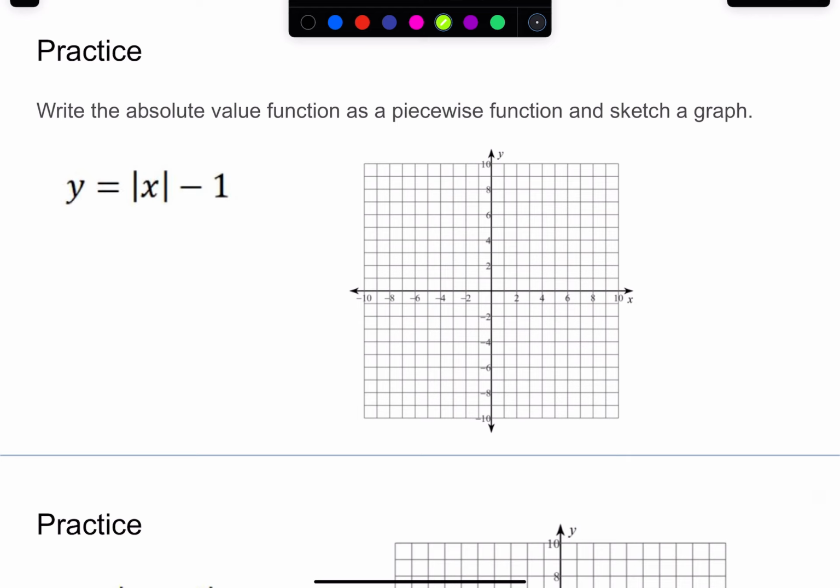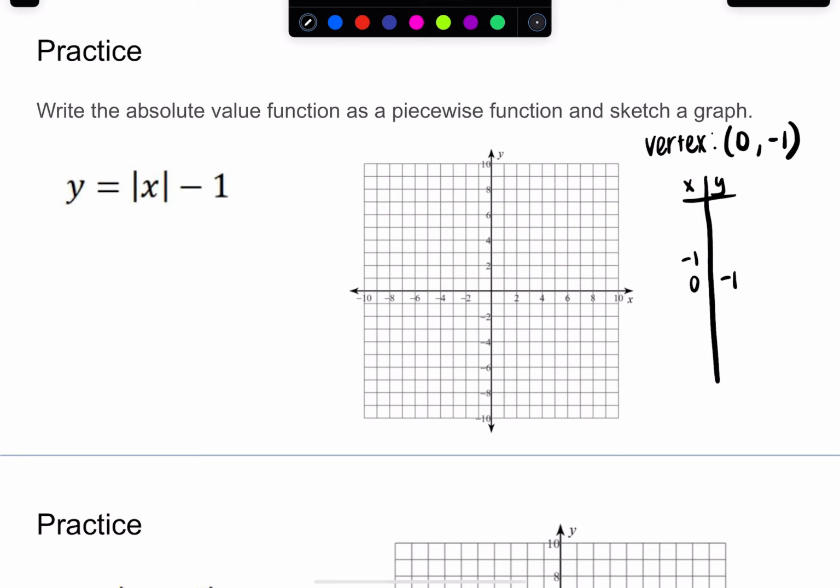All right, let's go over these practice problems together. So, first one, my vertex. There's nothing in the absolute value, which means that my x value is 0, and then y is negative 1. We fill in our table. Okay, so absolute value of negative 2 is positive 2, minus 1 is 1.